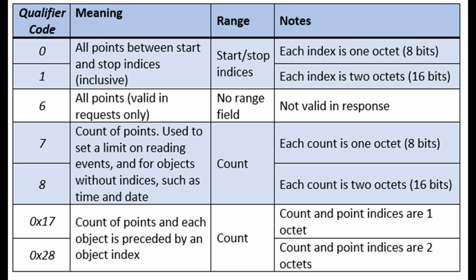Likewise, qualifiers hex 17 and hex 28 also specify a count of points, but they have an additional feature: each point will be prefaced by the point index. This is a convenient way to return a bunch of points that aren't consecutive, such as points 1, 9, 22. There'd be 3 points returned, and each point would have the point index in front of the point data.